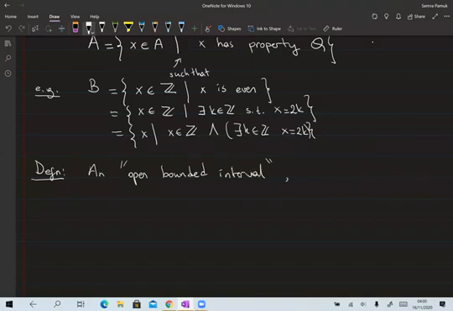You take two numbers A and B, and this is the parenthesis notation: X is a real number such that X is between A and B. This is also an infinite set, right? There are infinitely many elements. We cannot list them.